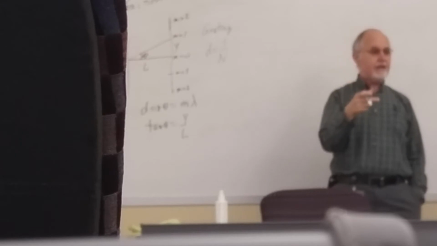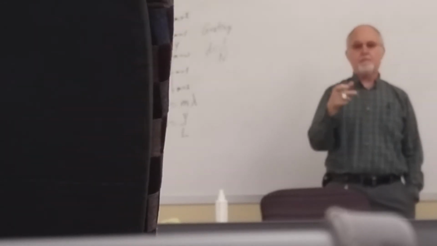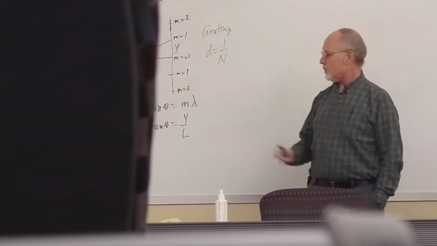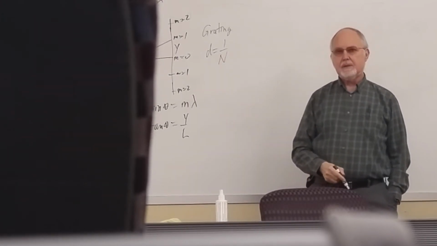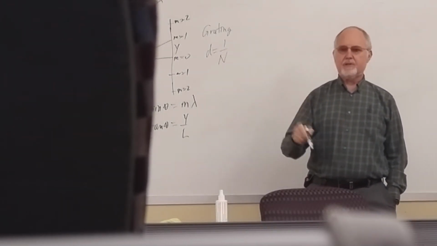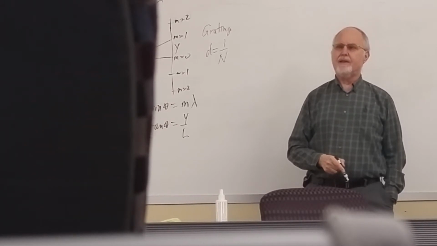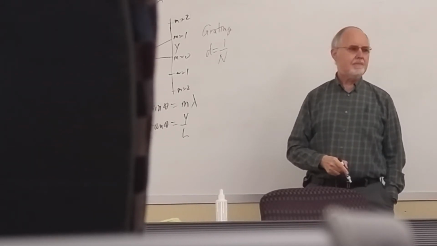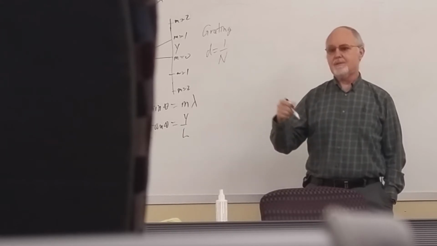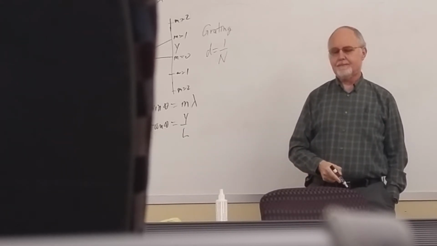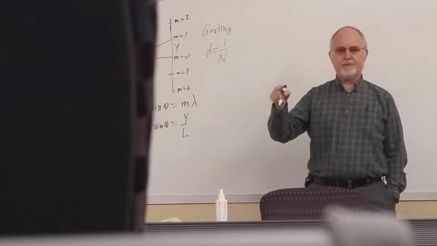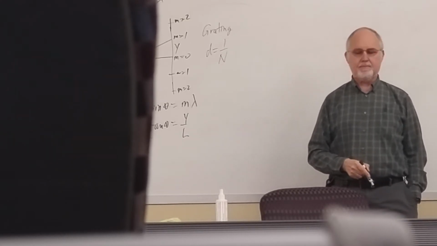Like the one we used in the lab has 600 openings per millimeter, which gave us a d then of 1.6 for every 10 to the negative 3 millimeters, then that was 10 to the negative 6 meters. And it was just 1.6 for every 10 to the negative 6 in terms of meters.